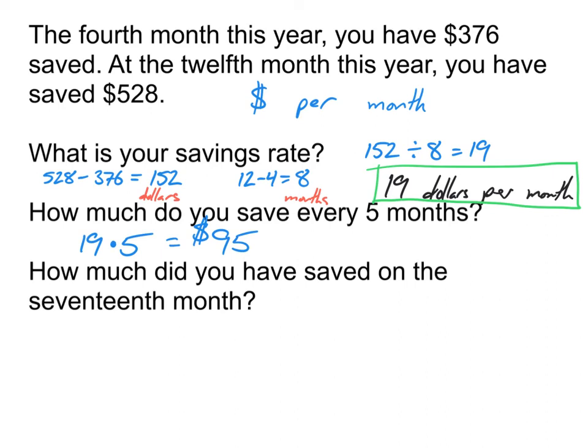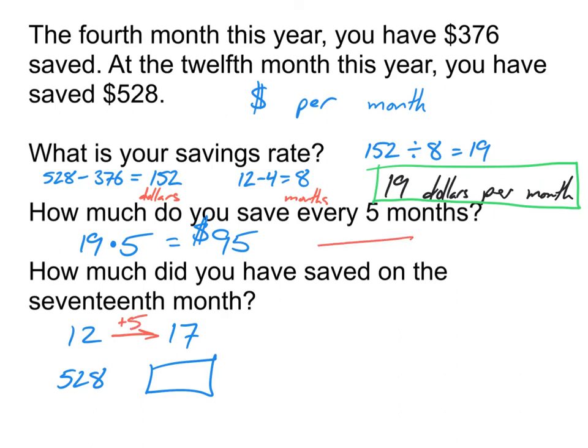So the way I'm thinking about it is I'm saying, well, at the 12th month, I have $528. And I want to know how much there's going to be on the 17th month. This is my answer that I'm looking for. So the question is, how many months have passed? Well, notice there, going from the 12th month to the 17th month is plus 5 months.